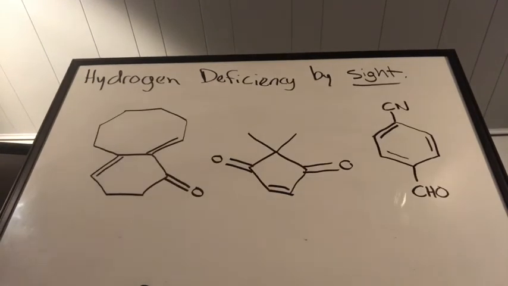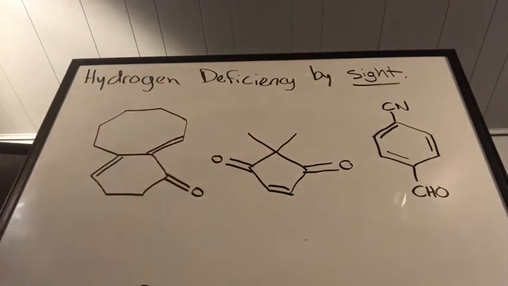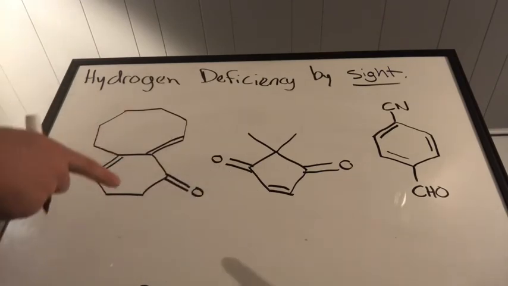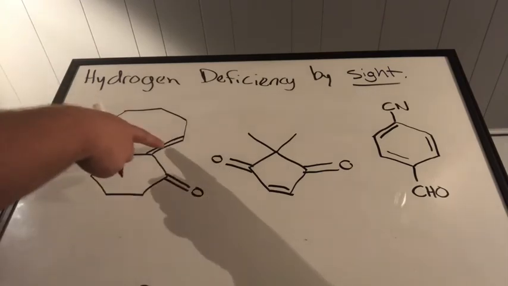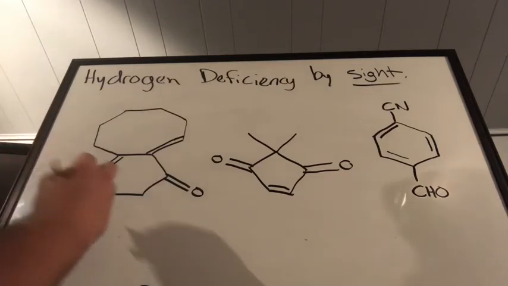Okay, so now we're going to determine the IHD by site. So in other words, we're looking at a compound, trying to deduce relative count of unsaturation here. So first things first, let's start with the one on the left here. We have 2 rings, so there's 2 right there. Okay, and then we have 3 double bonds, so we have a CC double bond here, and then a CO double bond, so that's going to be a total of 5 IHD.